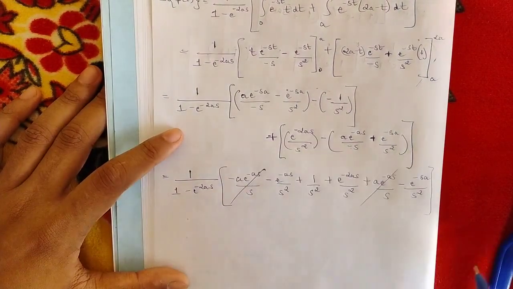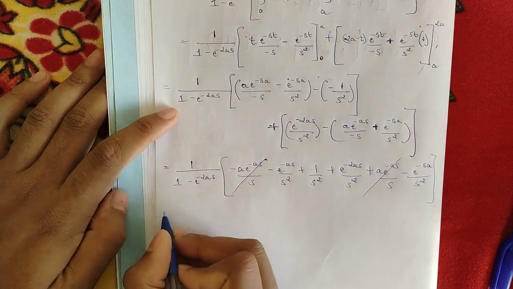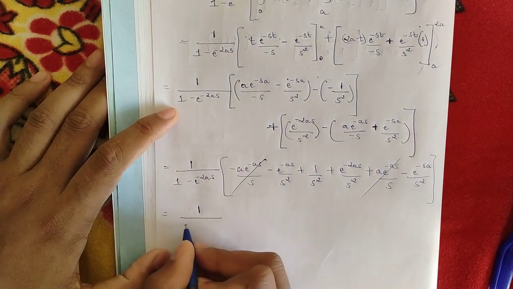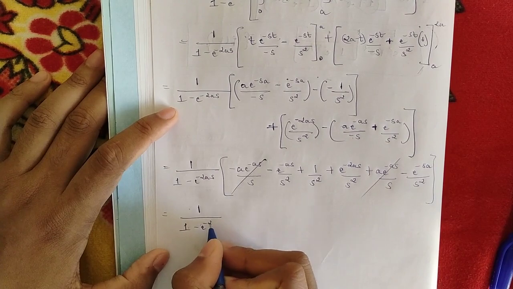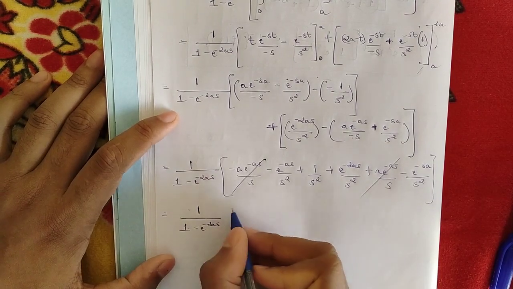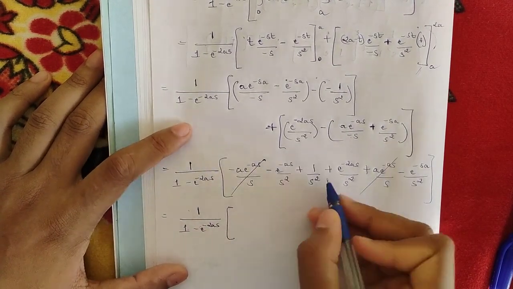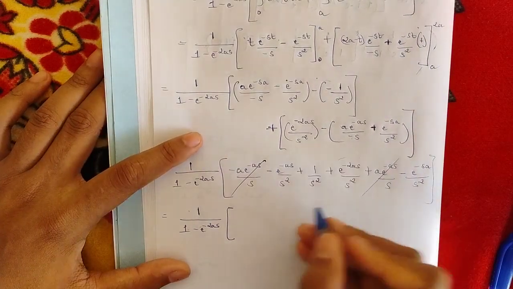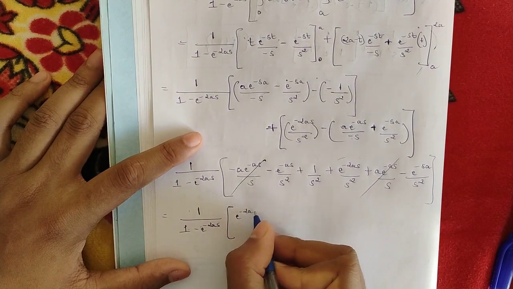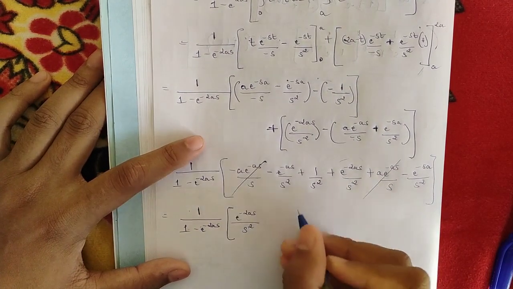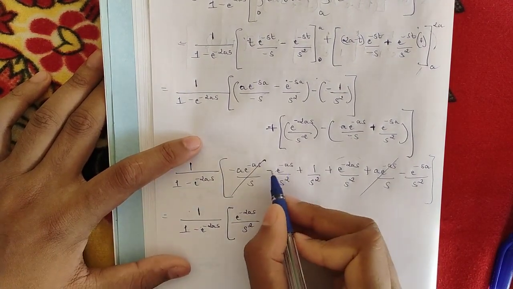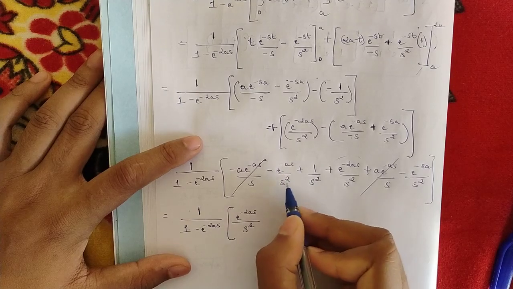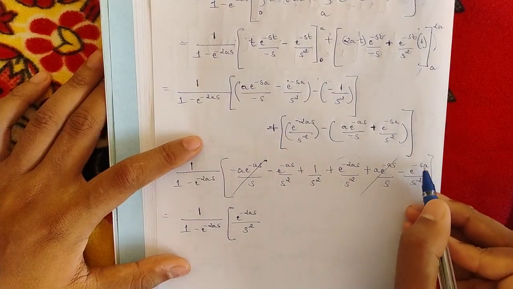So these two terms will get cancelled. We will be left with 1 divided by s square, plus e to the power minus 2as by s square. First write that term, then minus e to the power minus as by s square, and here also we have minus e to the power minus as by s square.